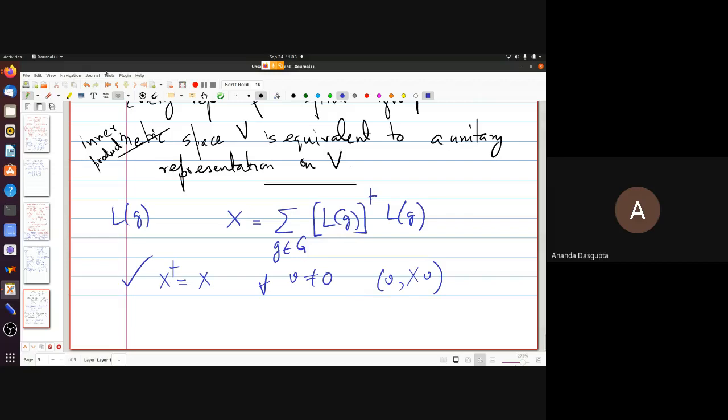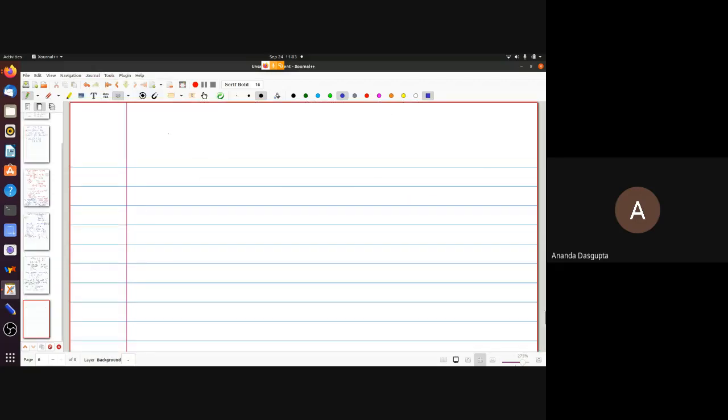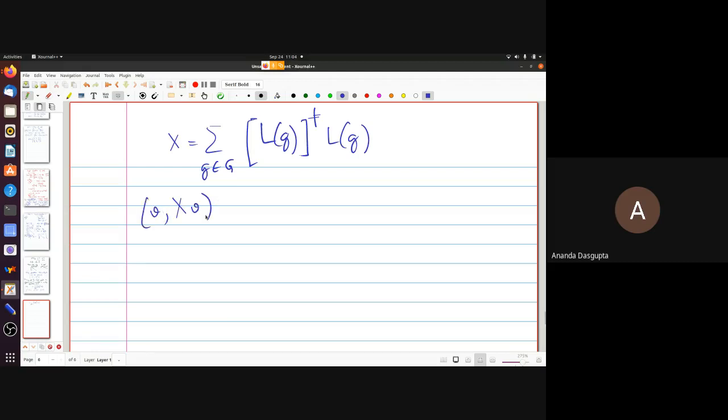Okay, let's move on to the next page here. Using the linearity of the inner product, you can easily write this as V.